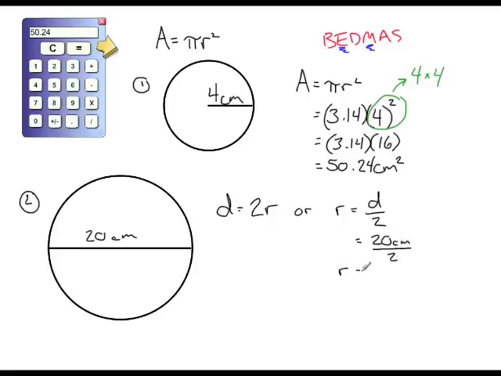So radius is going to be equal to 10 centimeters. Now we can use our formula for area. Area equals pi times radius squared. Pi is 3.14 times the radius, 10 centimeters squared.